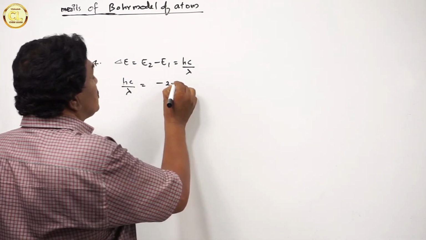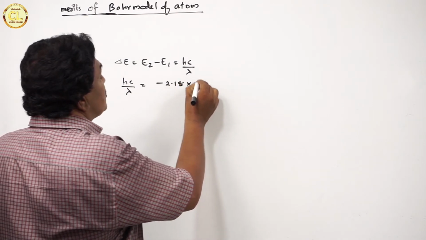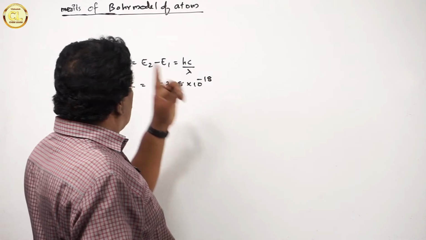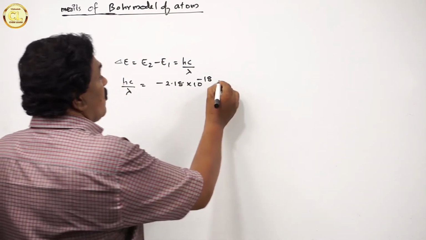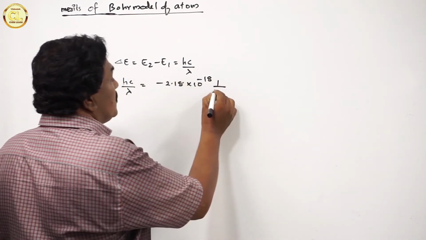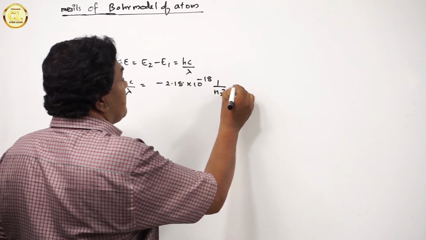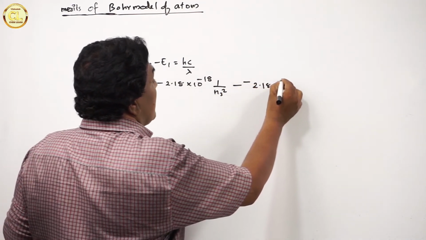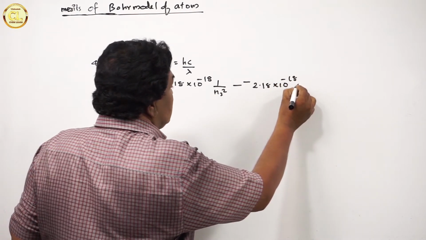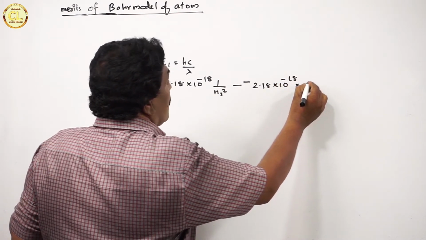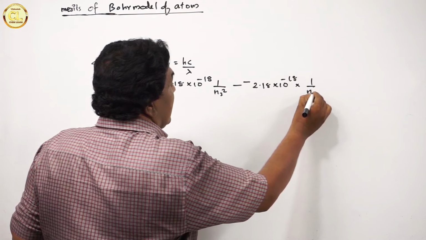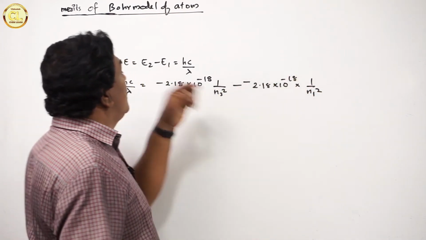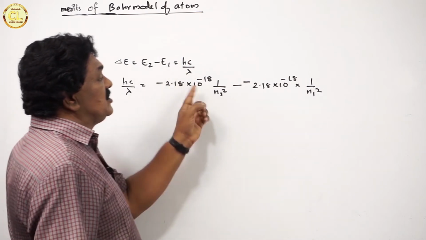E2 is minus 2.18 into 10 raised to minus 18, Z is 1 for hydrogen, so 1 by n2 square, minus 2.18 into 10 raised to minus 18 into 1 by n1 square. This is the energy of E1. This is the energy of E2.